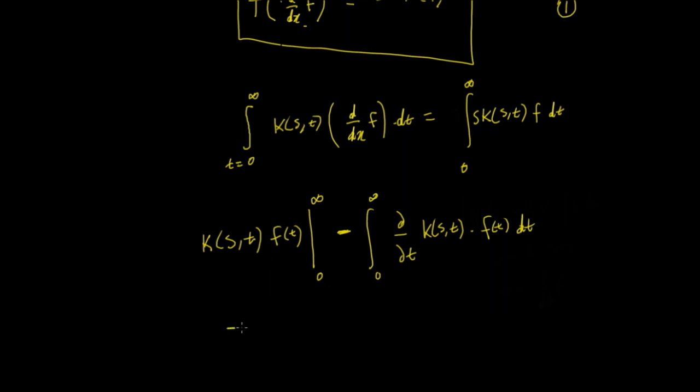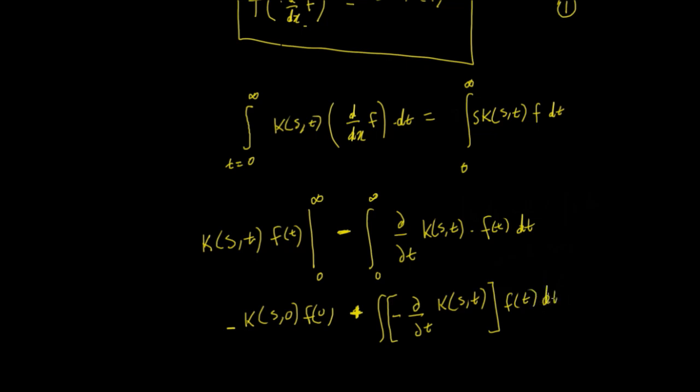So we end up with minus k of s and t equals 0, times f of 0, and we change that to a plus sign, and we take the negative inside the integral, so it's minus partial by partial t of k of st, all times our function of t by dt.